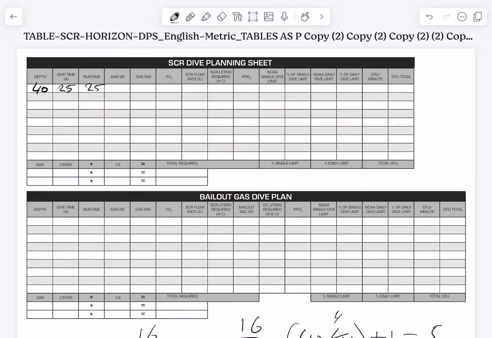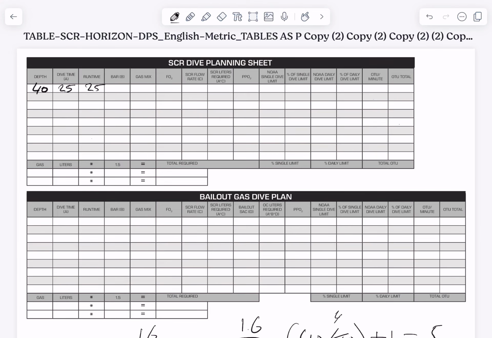And therefore the runtime will be 25 minutes. Now, what I then do is I always put an empty space on the next line, and then I will put my first deco stop.